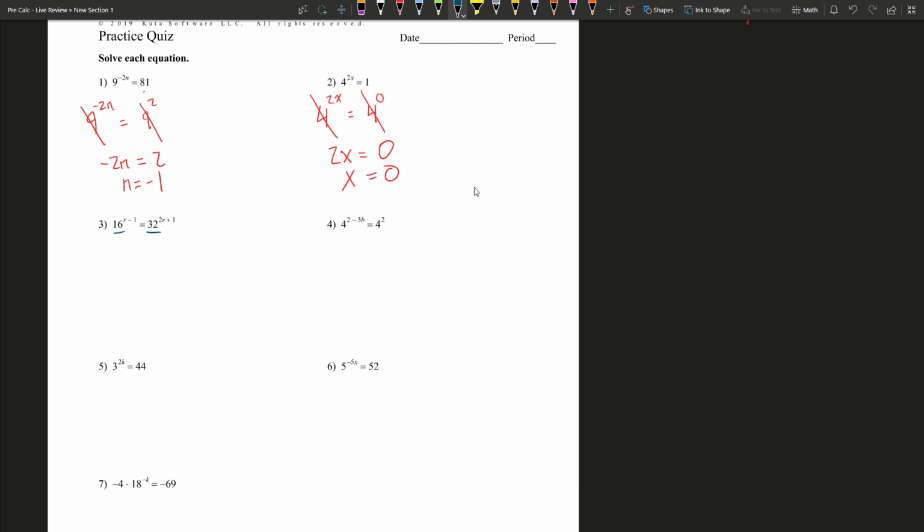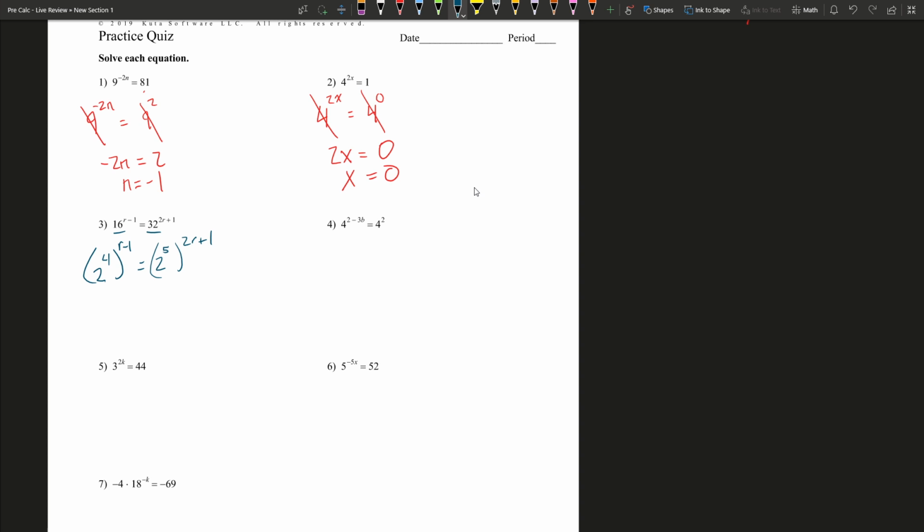So 16 can be written as 2 to the 4th, and then this r minus 1 stays on the outside. 32 can be written as 2 to the 5th, with the 2r plus 1 on the outside still.